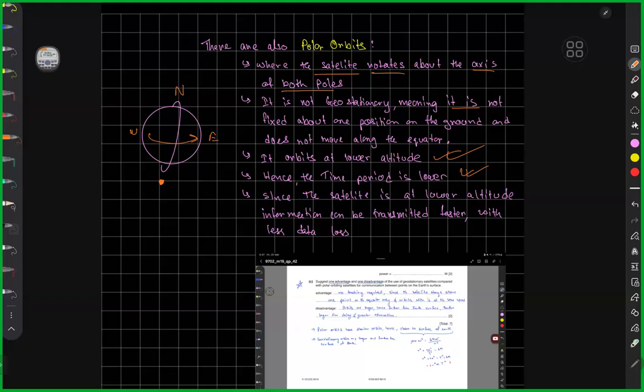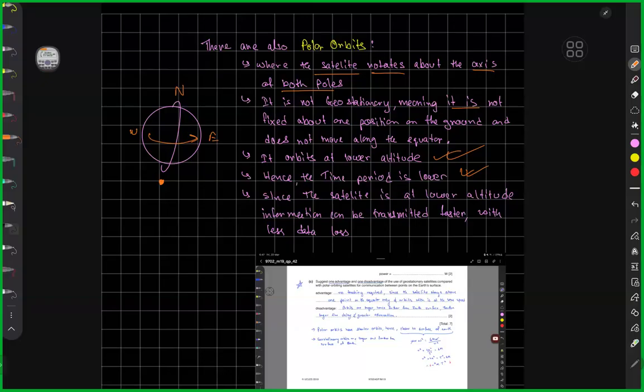Now, what is the benefit of the satellite being at a lower altitude? The benefit is you can transmit the information with the satellite very easily. When it's closer to you, the information loss is less.